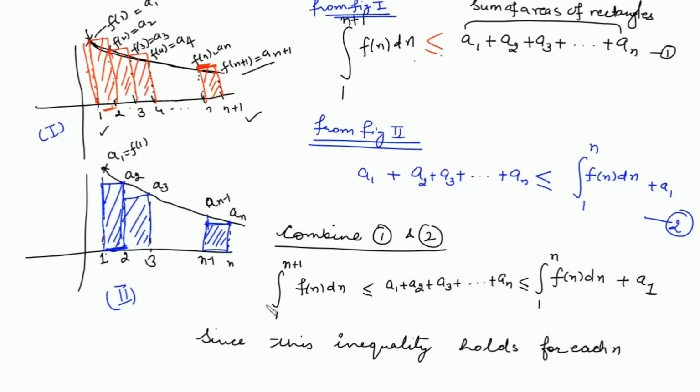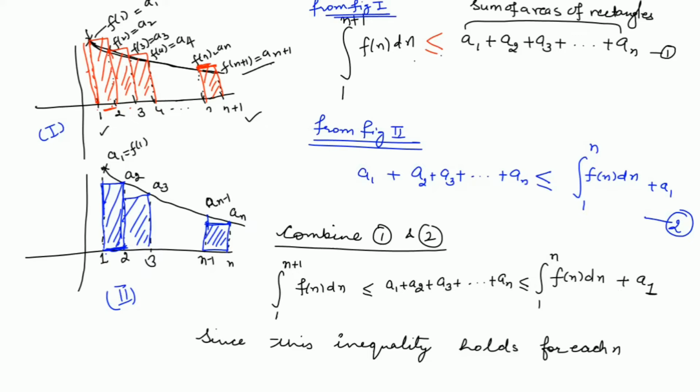So if you take n tending to infinity, the integral of fn dn from 1 to infinity will be less than or equal to a1 plus a2 plus a3 plus an and so on. In the same way, n is approaching infinity here, so you will have this as infinity. So integrate fn with respect to n by taking the limits 1 to infinity.